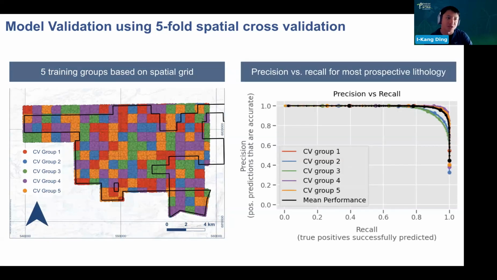And that's something you see on the right on the precision recall curve. So 5 models, and the black line is the mean performance of all 5 models. The horizontal axis is the recall, which is the fraction of true positives that is correctly identified. And the y-axis is the precision, the fraction of samples that we predict as positive that were actually positive.